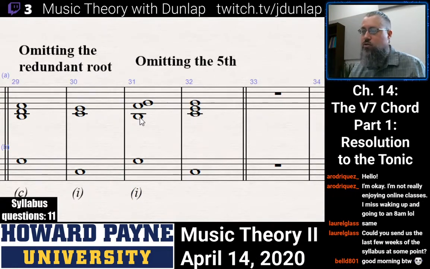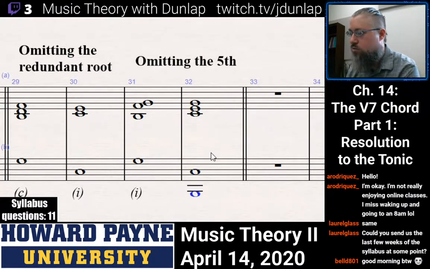However, look at the resolution. That's correct. Also correct. Also correct. The common tone is the redundant root. So that ends up leading to a complete voicing of the one chord.